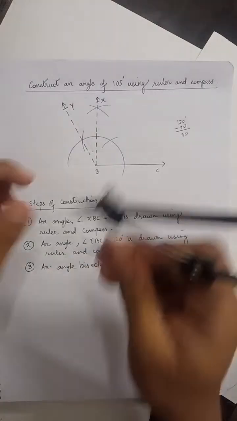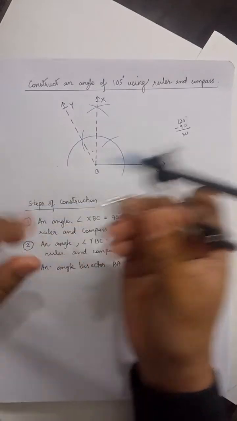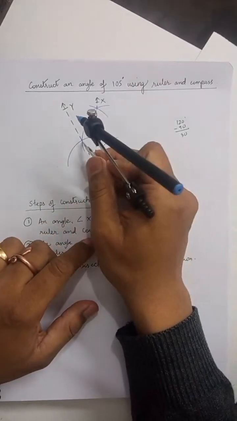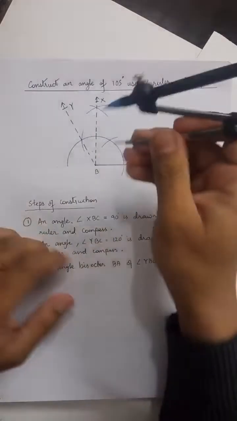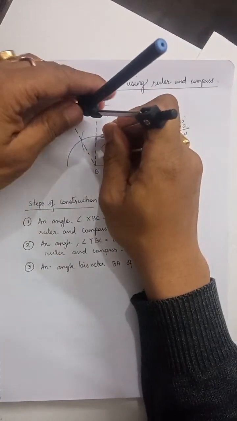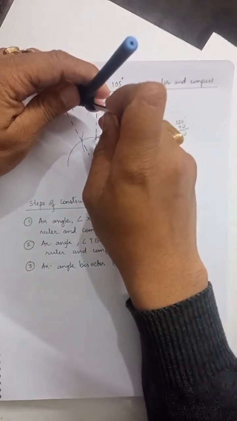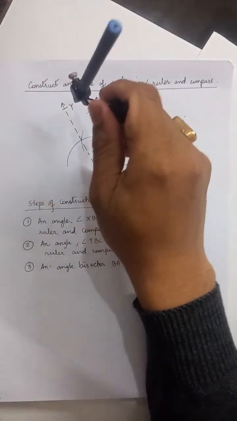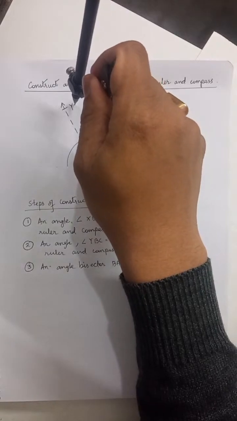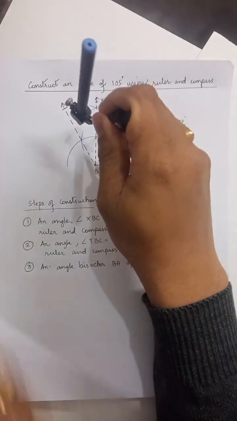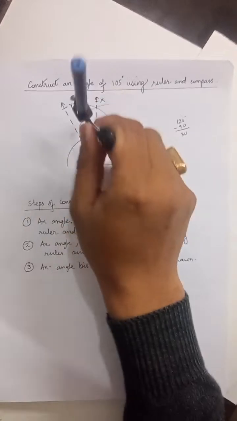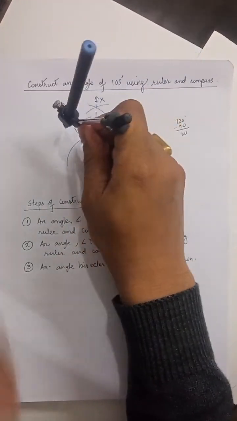How to draw? We will place the tip of the compass at these two intersecting points. So this is one arc. You can adjust the length, but don't change it. Okay, let me do one thing. Yeah, this will be better. So this is one arc and this is my second arc.